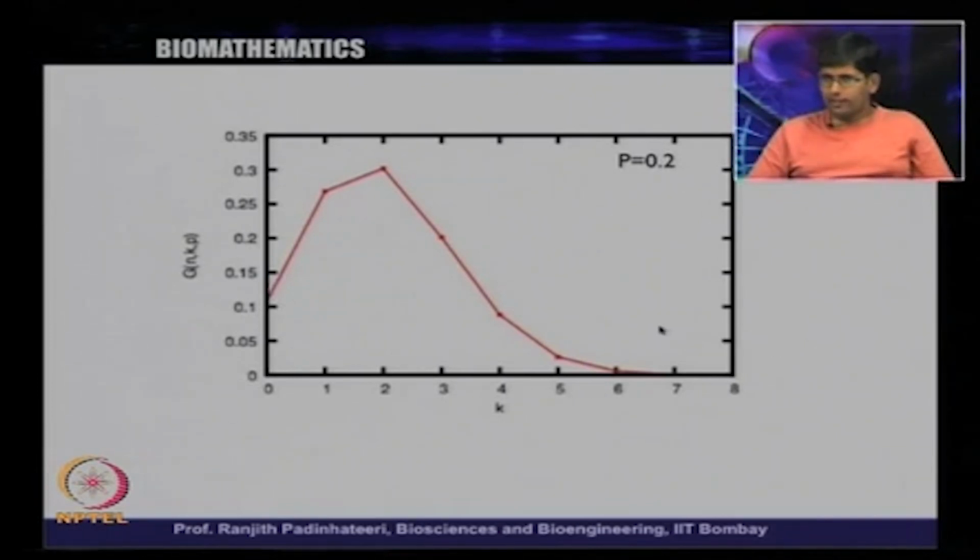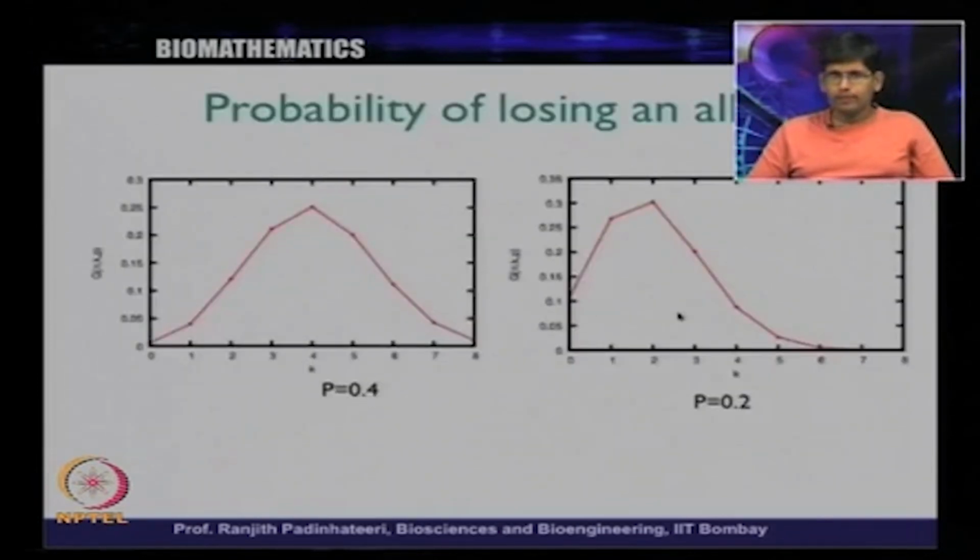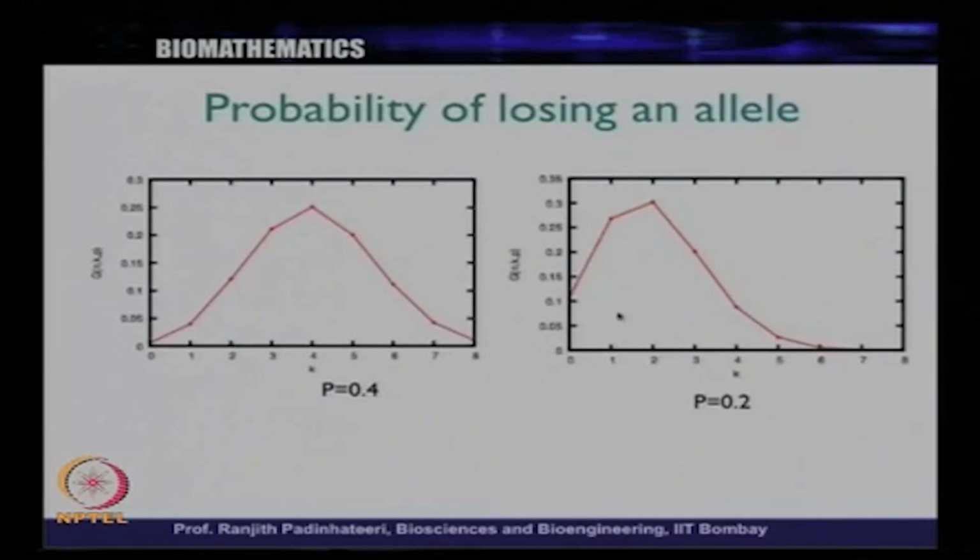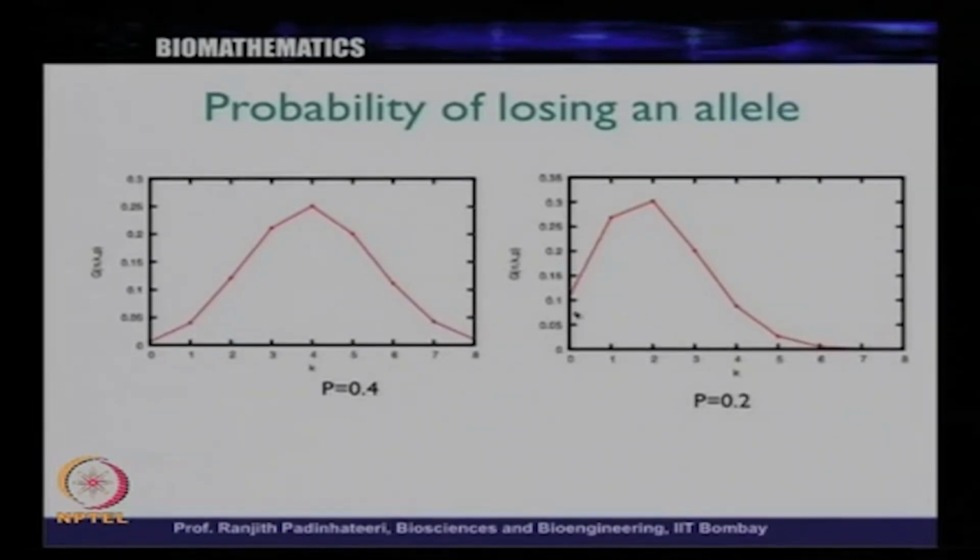Let us compare these two. Look at the probability of having 0 allele in the next generation. This particular point is much higher for 0.2 than when p is 0.4. If the initial frequency is small, the probability of losing that allele is very large.